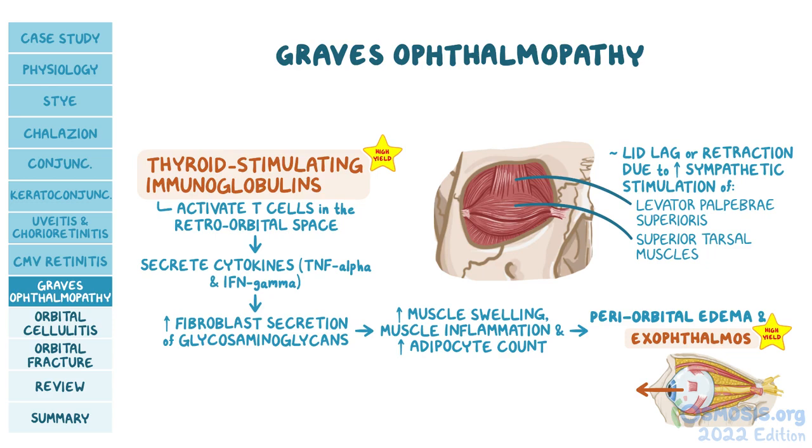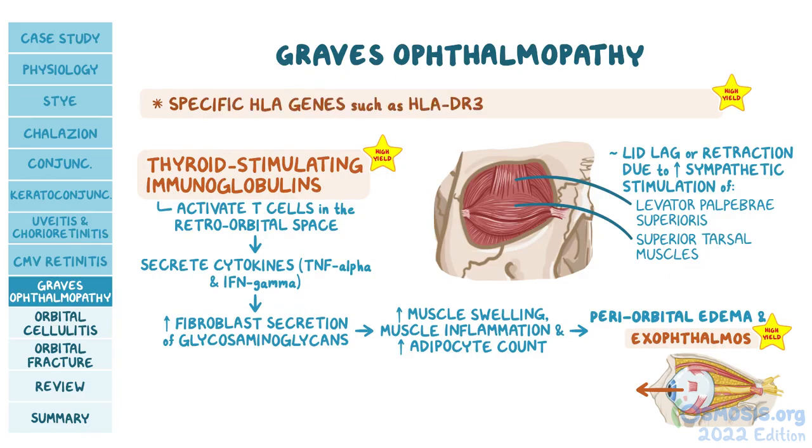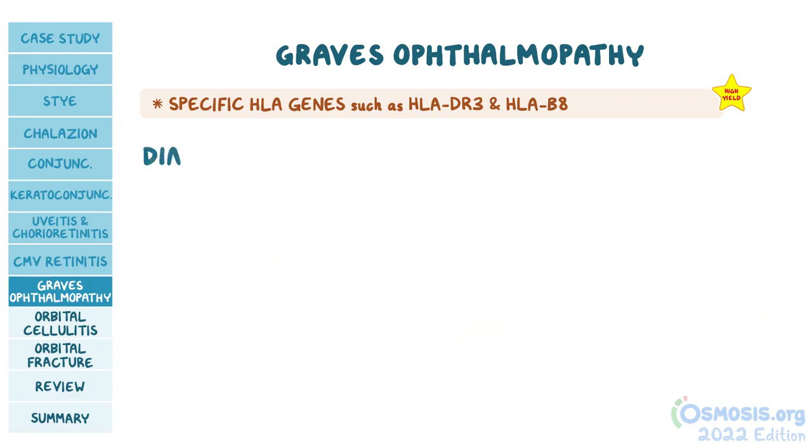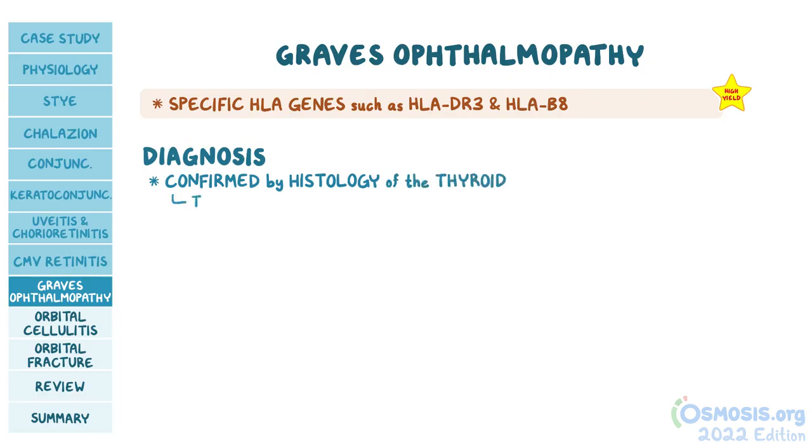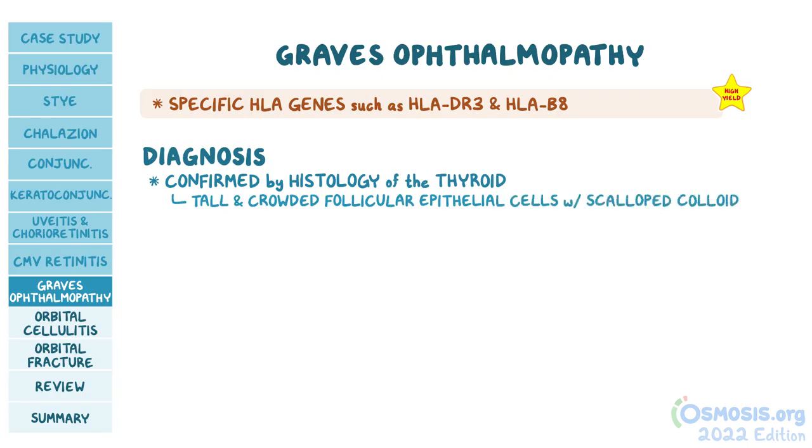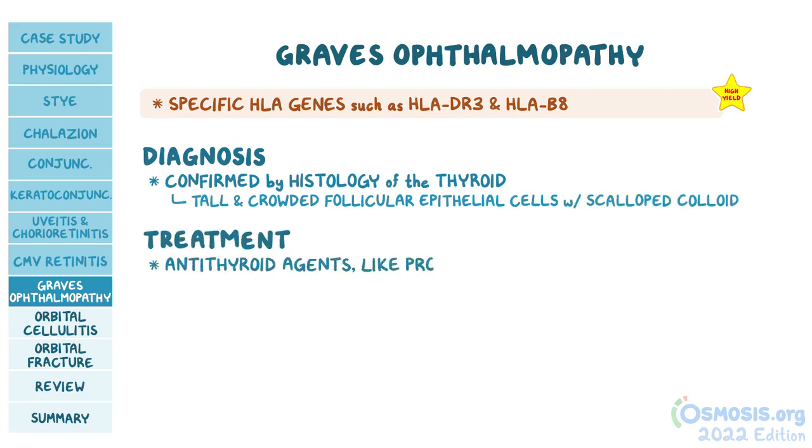Now, a high-yield fact to keep in mind is that individuals with Graves' disease often have specific HLA genes, such as HLA-DR3 and HLA-B8, which are important clues on your exams. Diagnosis is confirmed by histology of the thyroid, which will show tall and crowded follicular epithelial cells with scalloped colloid. Treatment involves antithyroid agents like propylthiouracil.